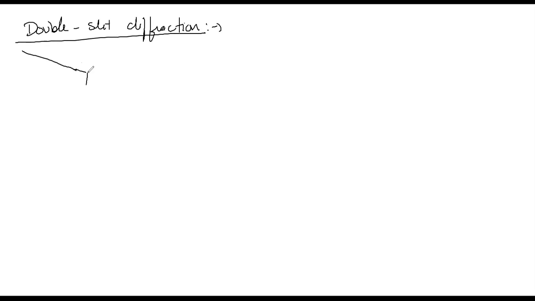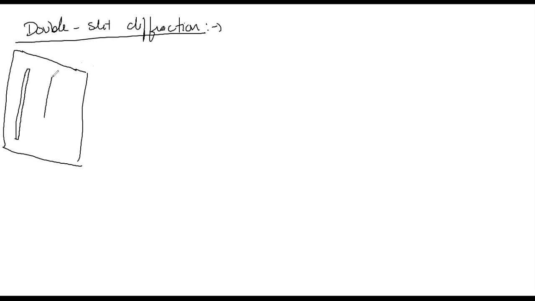Now let's talk about the double slit diffraction pattern. When I'm saying double slit, let me draw how do I expect it to look like. So you have a very thin slit, and we do assume that the width of the slit is very small and it is infinitely long slit.